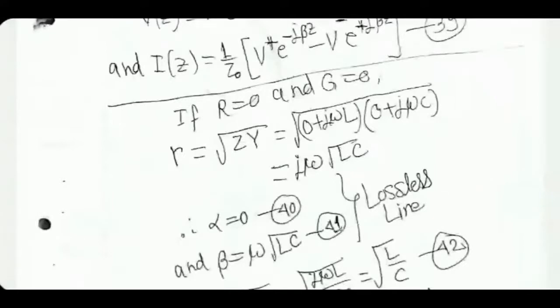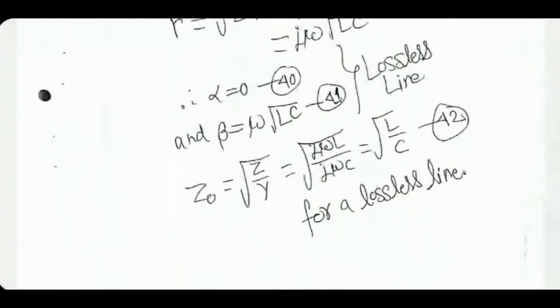That means alpha is 0 and beta is, of course, omega multiplied by square root of LC in case of a lossless line. For a lossless line, Z0, the characteristic impedance, can also be worked out. Since R is 0 and G is 0, you get simply square root of L by C. It's a real number for a lossless line.